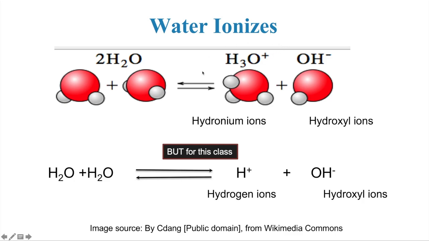So we're basically replacing this H3O plus symbol with the symbol of just the positively charged hydrogen ion. This is for simplicity. Just keep in mind that this hydrogen ion is actually representing hydronium ions. But for the case of simplicity, we're just going to refer to it with this symbol.